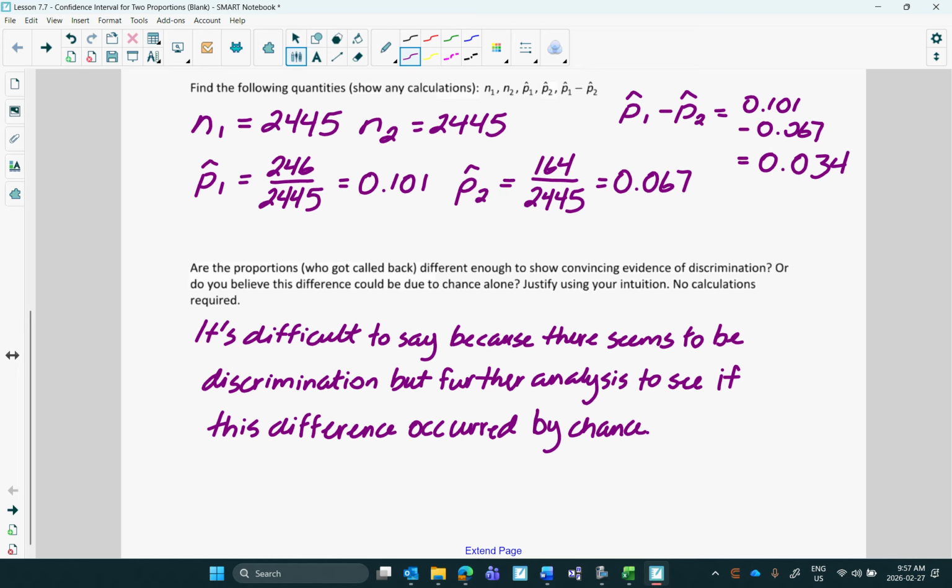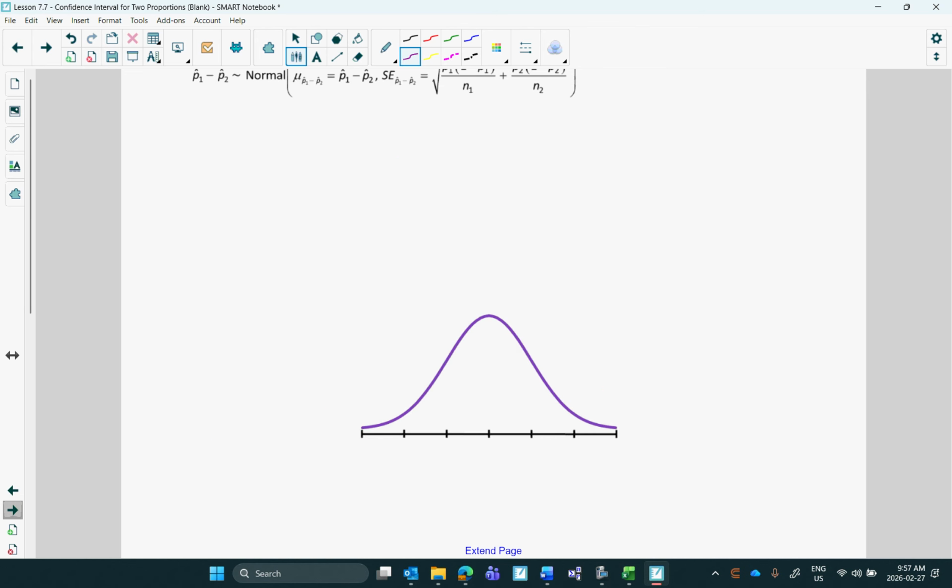Which is what we always seem to answer when we get a question like this. It seems like something's happening, but it also seems to be close enough that we can't say for sure. So let's analyze it further.